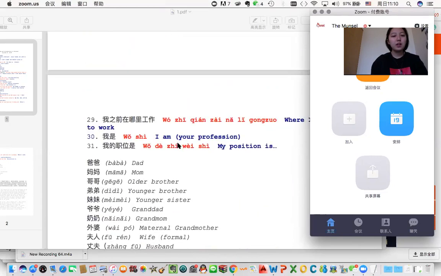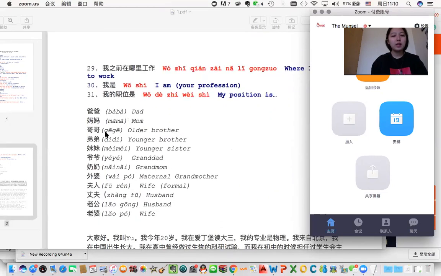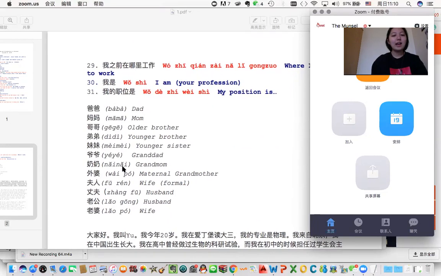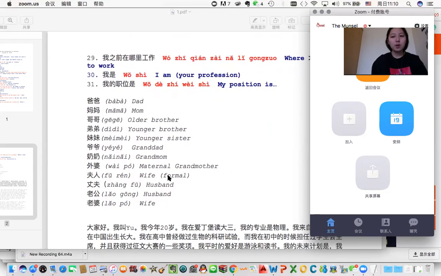So if you want to say separately, 爸爸 is dad, 妈妈 is mom, 哥哥 is older brother, 弟弟 is younger brother, 妹妹 is your younger sister, 爷爷 is your granddad, 奶奶 is your grandmom, 外婆 is your maternal grandmother, 夫人 is your wife, 丈夫 is your husband, and 老公 also means husband, but in a cute way, you know.